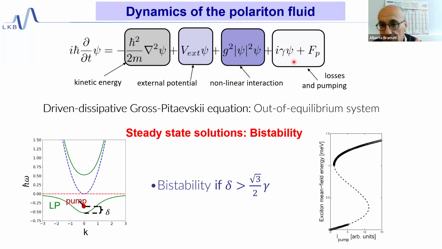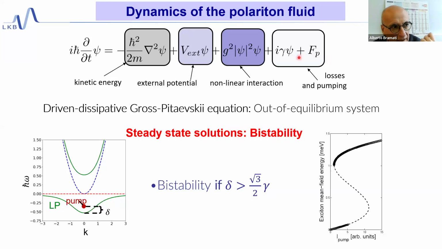And then we have two terms that are not present in the standard Gross-Pitaevskii equation, which describes the equilibrium system. These terms here represent the pump, the laser that injects polaritons in the system.